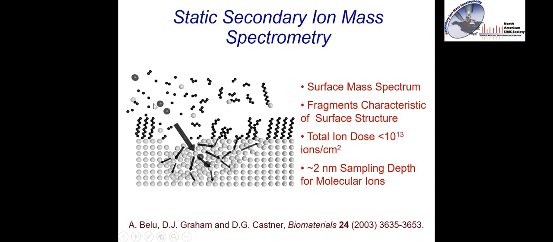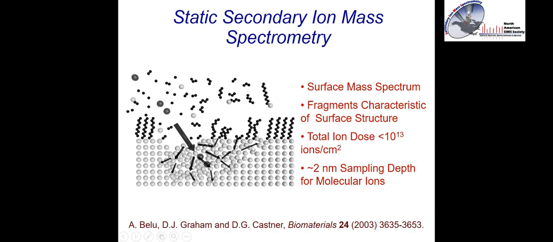In this collision cascade of ions that come into the surface, there's a transfer of energy causing disruption in the near surface region, and the emission of atomic species, fragments of molecules, and in some regions, intact molecules. The fragmentation process can be slightly different if you're using monatomic ions or polyatomic ions, but I don't have time to discuss that today. But it's a surface mass spectrum that we're getting.